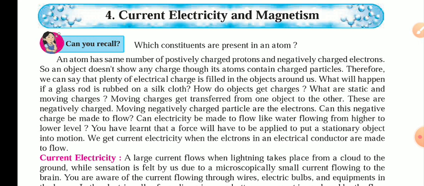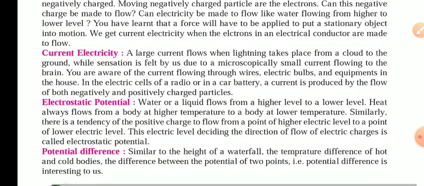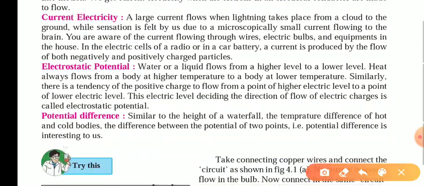When we talk about current electricity, it's a combination of two words, current and electricity. In general English, the word current means flow of something. Even in general English, we use the word current for water, current of water, and even for the breeze, current of breeze.